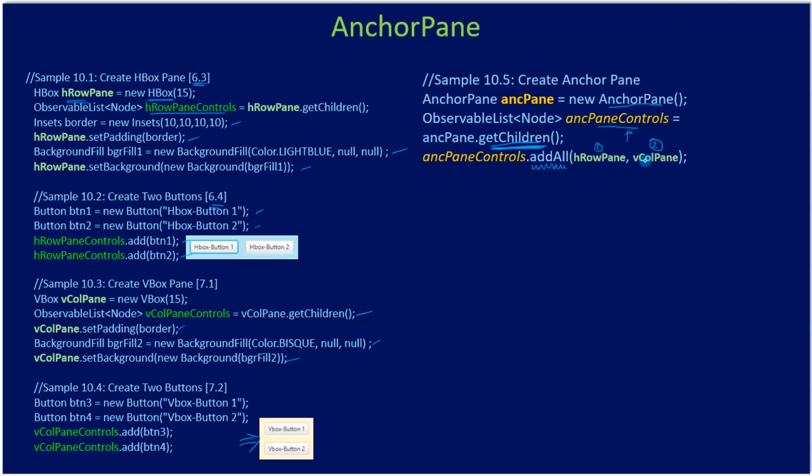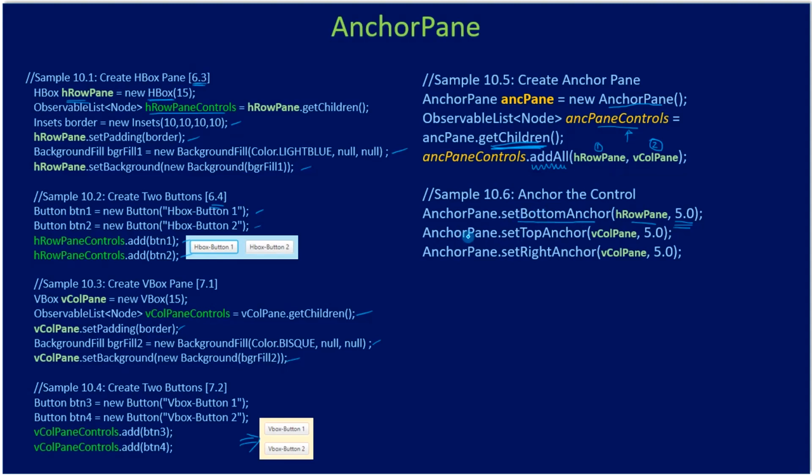So we added these 2 containers to our AnchorPane, but we haven't yet set the anchoring, and we will do that now. If you see, AnchorPane setBottomAnchor for hrowPane, and we are fixing the distance of 5.